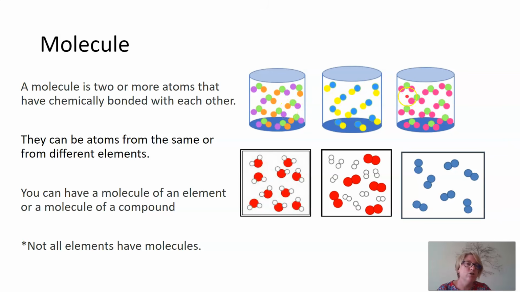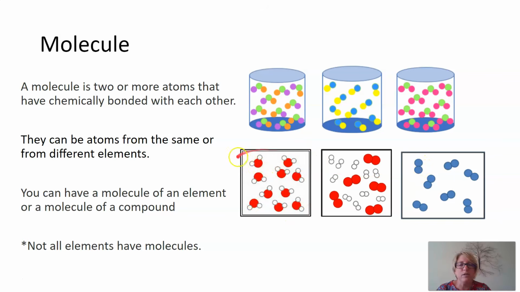If we go to this container over here, we have a green atom and it's bonded to two pink atoms. Here we have a green atom bonded to two pink atoms, and that is all we have in this container. So a molecule can be from atoms from the same or from different elements. In this block, these are atoms from the same element.